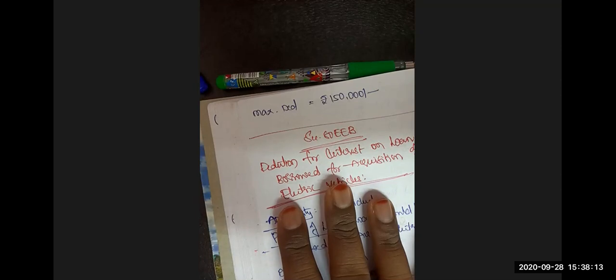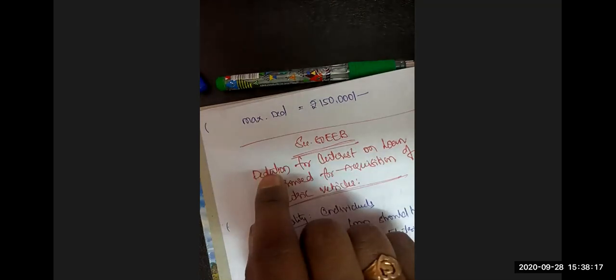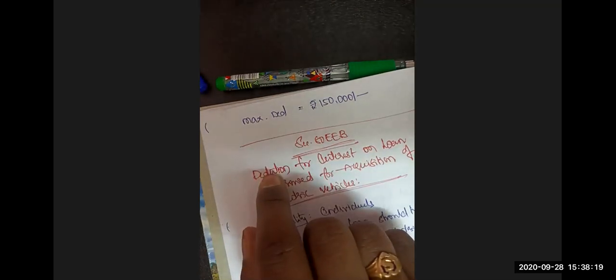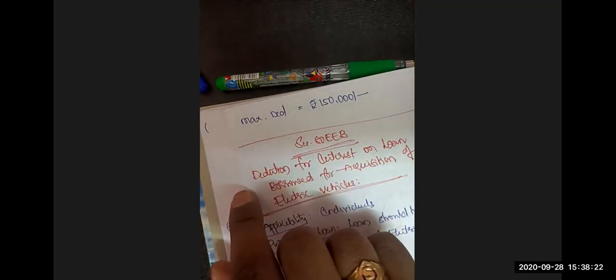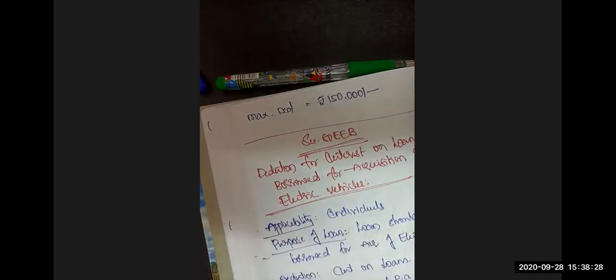Next, the maximum deduction under section 80EE is just 50,000. Under section 80EEA, you can claim 1,50,000 as deduction.